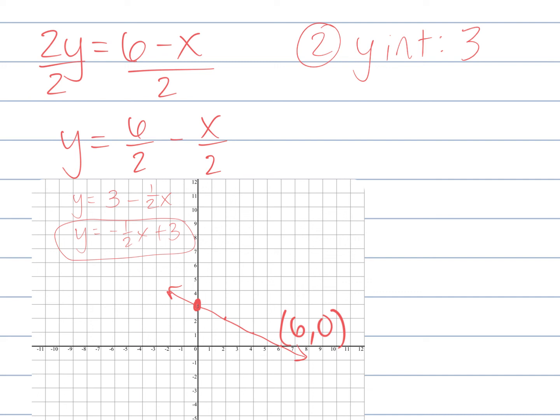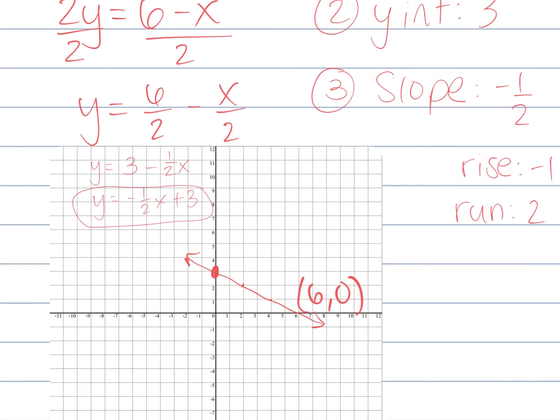And then I found my slope, which is negative 1 over 2. So your rise was negative 1, so in other words, we're going down 1, and your run? 2. So we're going to the right 2. Go down 1 to the right 2. Do it 3 times. And then when you extend your line, your x-intercept should have been 6.